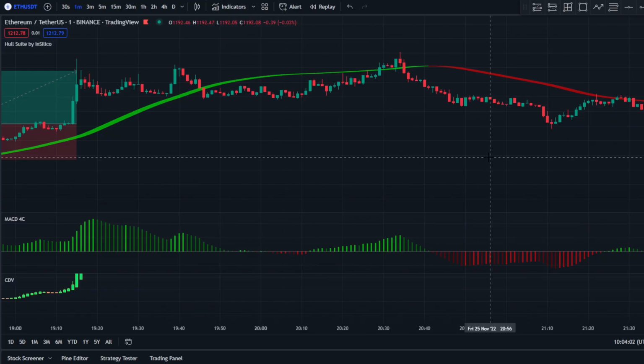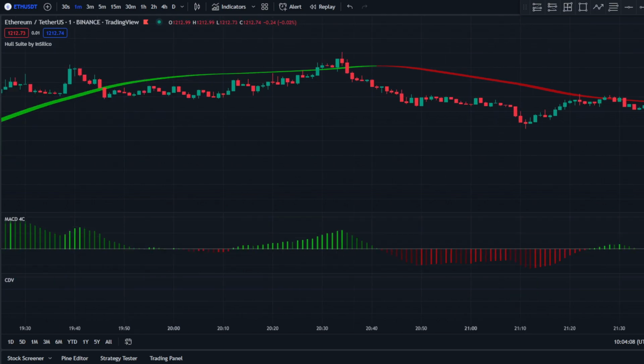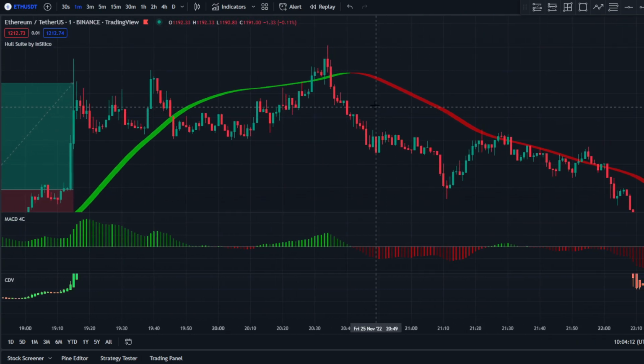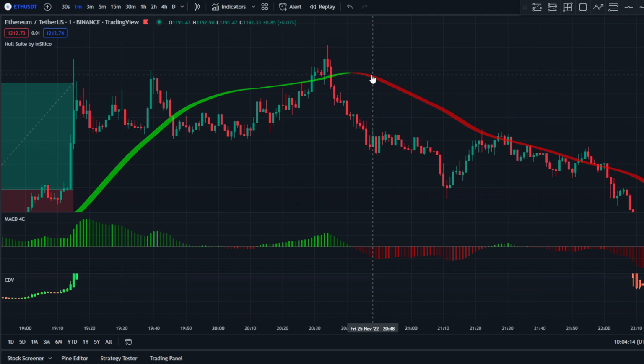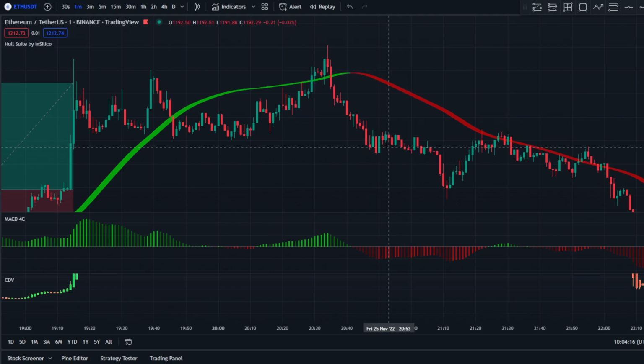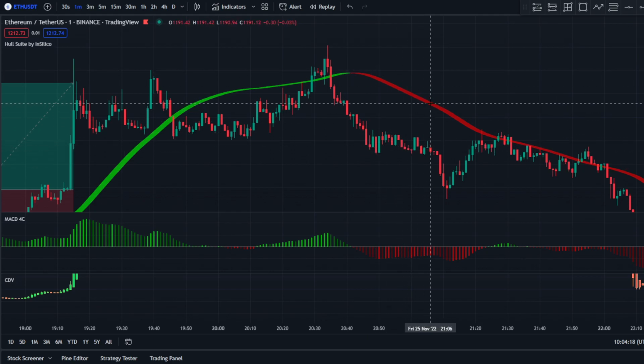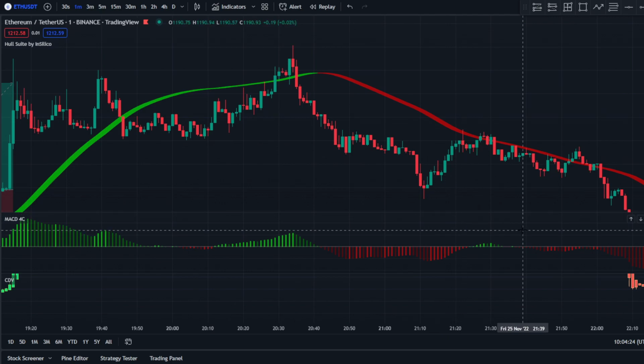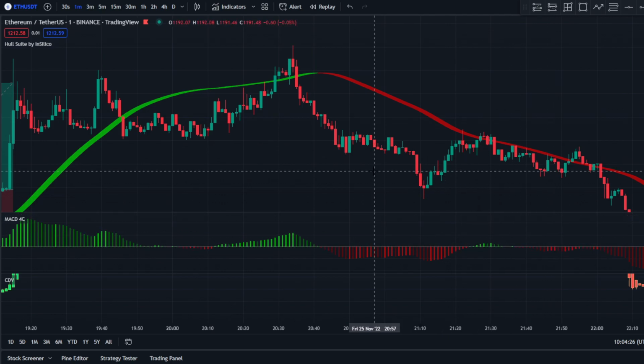So now let's get into the rules for the short position. To take a short position, the rules are exactly the same, but you just flip it around. What do I mean by that? Firstly, price must be below the house sweep, and the house sweep must be red in color, like right here. Secondly, the price must change from dark red to bright red, or it can change from green to bright red, either way.